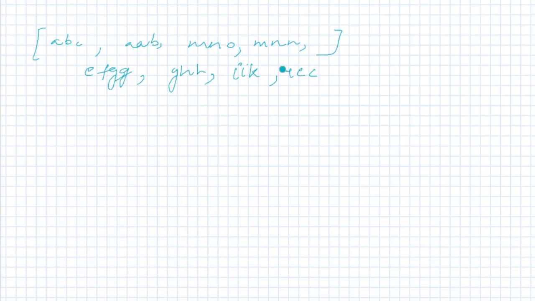Okay, so this is a list, and we have a pattern MMN. This is the question given to us: you have been given a pattern and a list of strings. Now it's up to you how you do it.